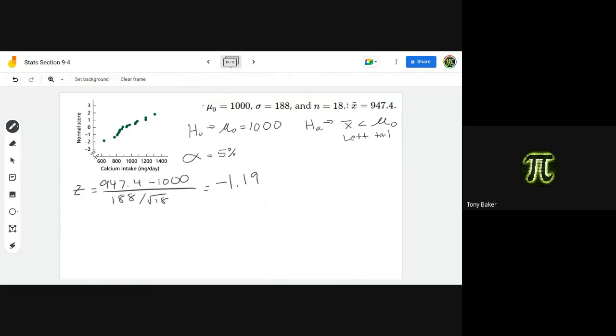All right, so when we look at this, what do we have to do next? Yeah, critical value or p-value, right?